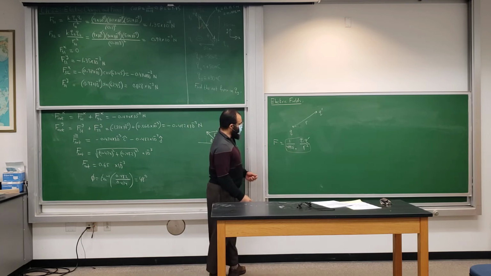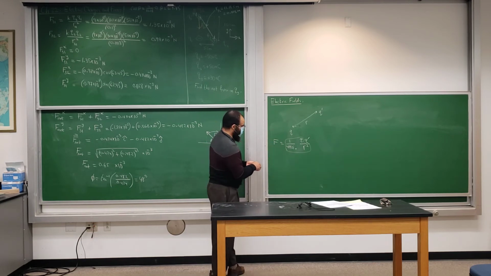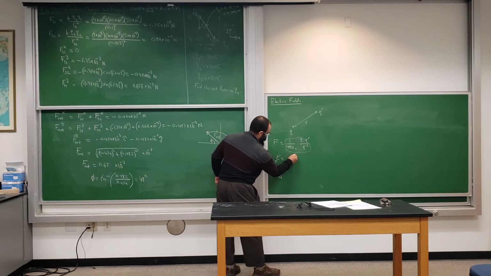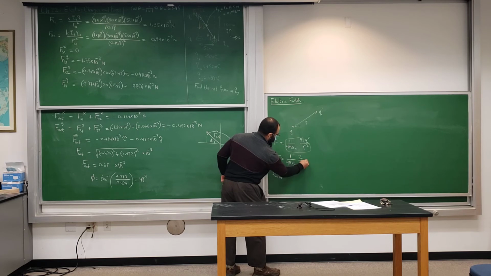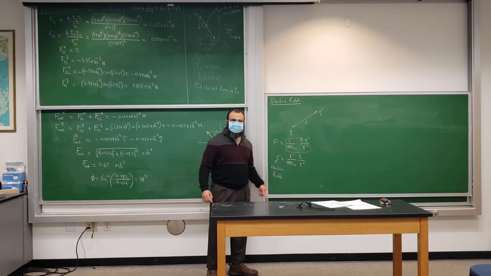Okay, so now this portion, we're going to call it the electric field produced by Q. So let me call it E, for electric field. E is just 1 over 4 pi epsilon naught Q over R squared, the electric field produced by Q a distance r away.